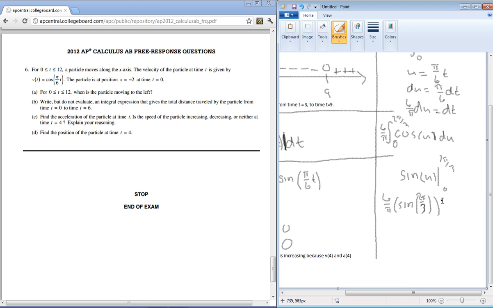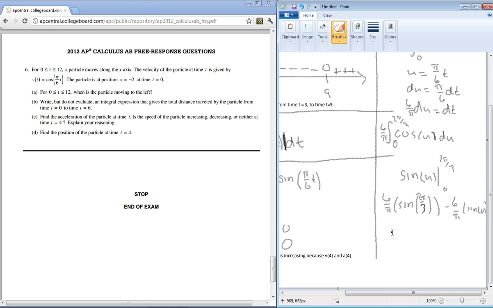And then minus 6 pi times sine 0. I'm going to try to do some of that in my head. Sine of 2 pi over 3 is radical 3 over 2.